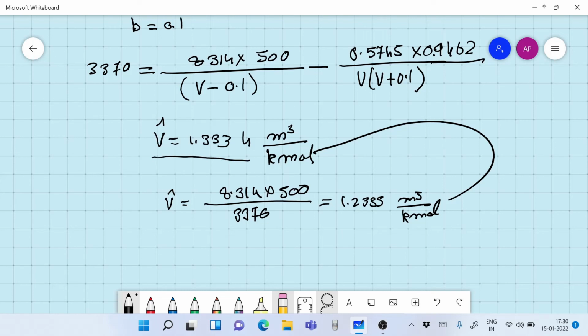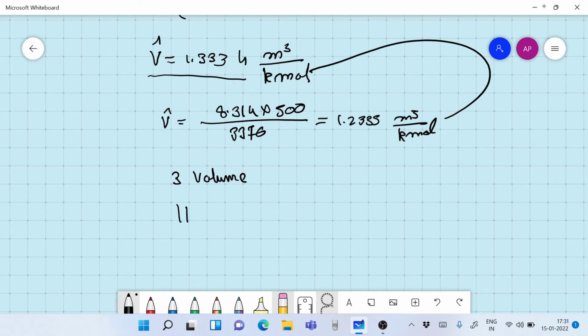Now what happens is when you solve such a cubic equation, you get multiple solutions. Now there could be two answers here. If you solve this as a cubic equation, you will get three values of volume.